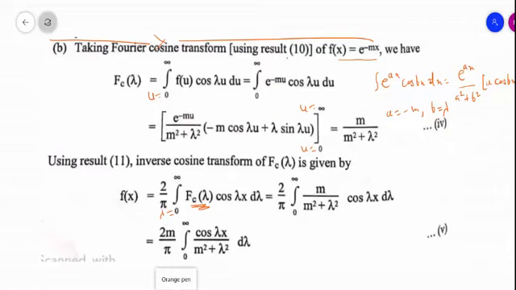Since m is constant, taking it outside, 2m upon pi is the coefficient for integration. So we have to shift it to the left hand side. It will become pi upon 2m f of x is equal to this integration. And we get the required equality.